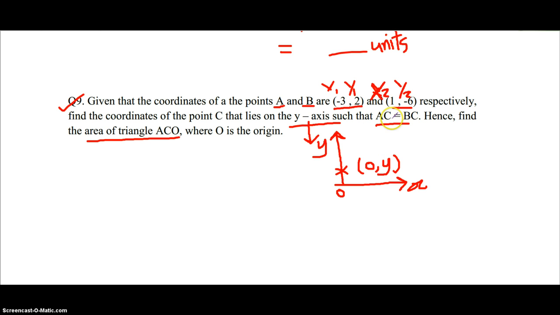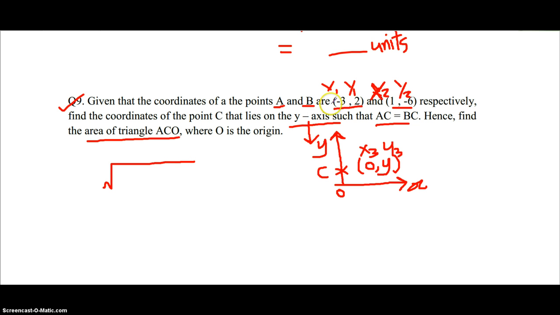And then AC is equal to BC. So this is your third coordinate, x3, y3, for example. So if the length of AC is equal to BC, so I call this point C, then you can write the length of AC will be the square root.